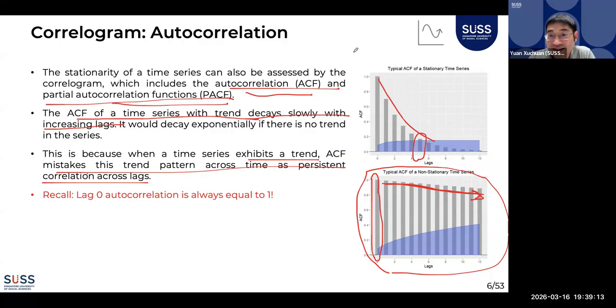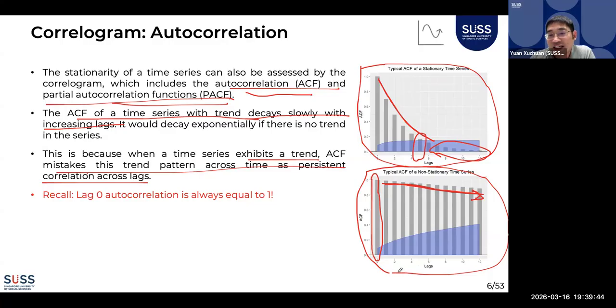So yes, you can see the autocorrelation for the first graph. It's a stationary time series, and we say the autocorrelation function decreases exponentially, and after a certain period, all the autocorrelation will be within 2 standard deviation. That means we can treat them as almost 0.